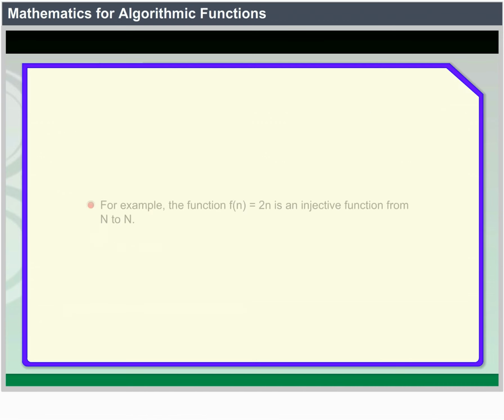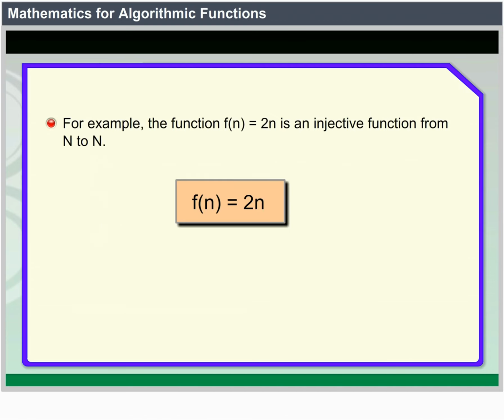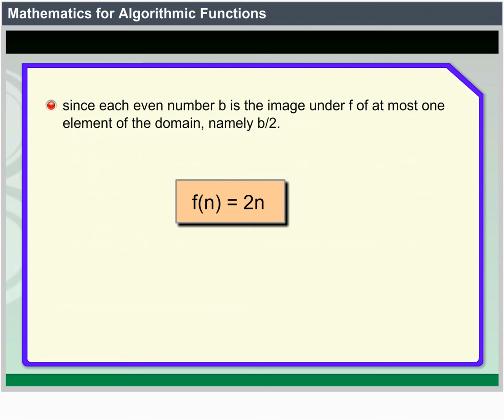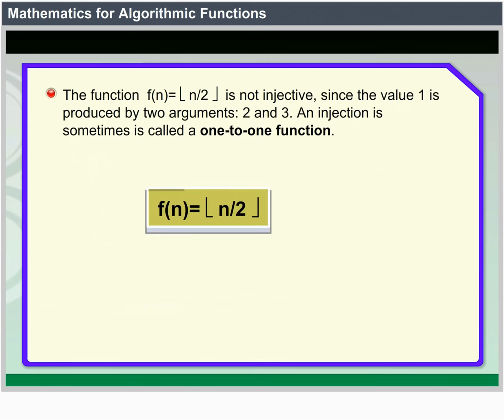For example, the function f(n) = 2n is an injective function from N to N, since each even number b is the image under f of at most one element of the domain, namely b/2. The function f(n) = floor(n/2) is not injective, since the value 1 is produced by two arguments, 2 and 3. An injection is sometimes called a one-to-one function.